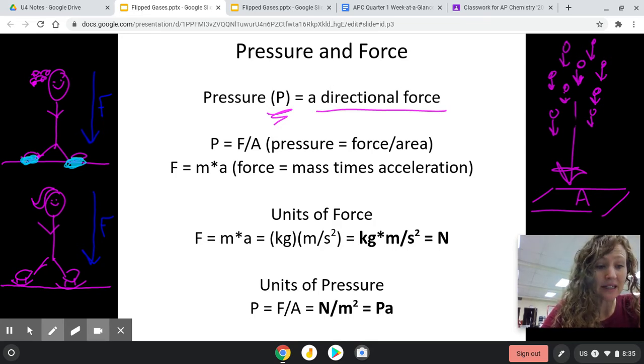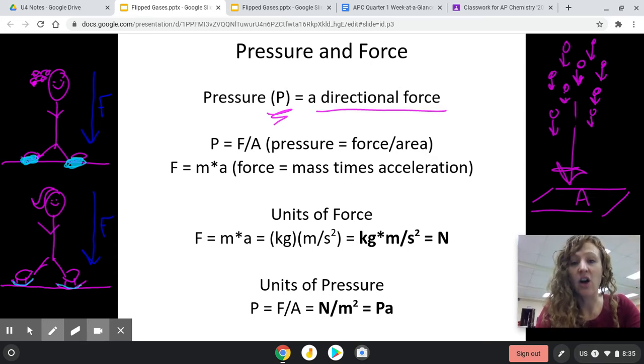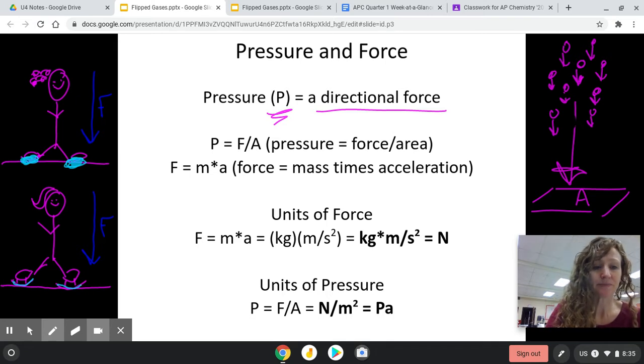It's a blade. It's only where the blade touches the ice. All the force is being concentrated into that tiny little strip of metal that's sitting on top of the ice there. And so the top one has force over a specific area.